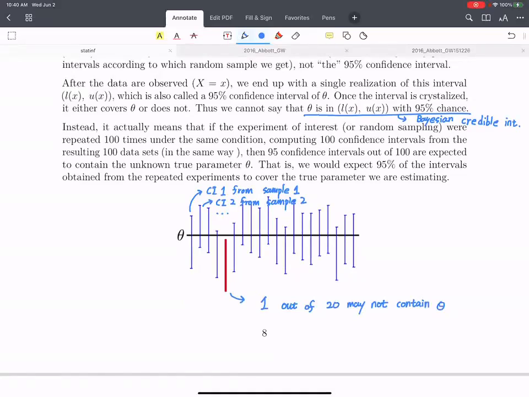And one thing I want to emphasize is that in practice, we cannot actually get these 20 intervals. We only have one data set and we only calculate one interval.